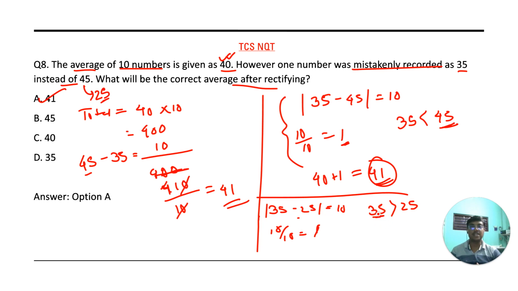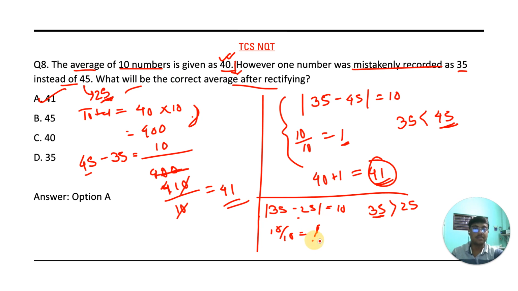As the mistaken value is greater, we could easily understand that the total that we have got is greater than what we should have got if we take the actual value. As the actual value is lesser, the total would have been lesser, and as a result, our average should also have been lesser than what we have got.